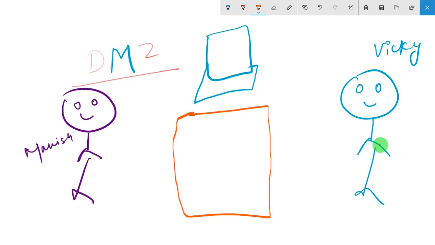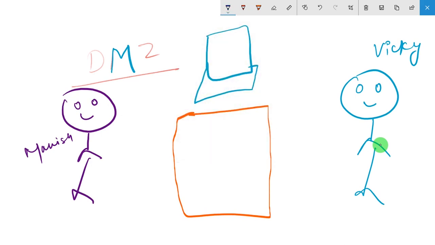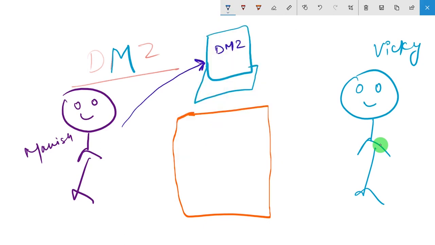So if Manish wants to send a message to Vicky, what will he do? He will upload his file to this DMZ computer. And if Vicky is going to receive that packet, he will ping this DMZ computer, and from that DMZ computer he can download the message.